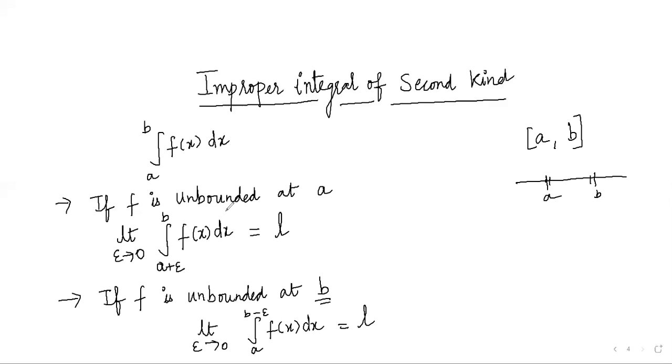Now, if we have the third case, we are saying that at some point, say c, which is within this closed interval [a, b], the function is unbounded. So this is the third case.